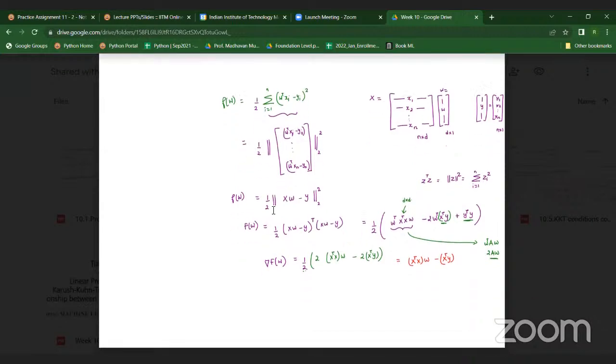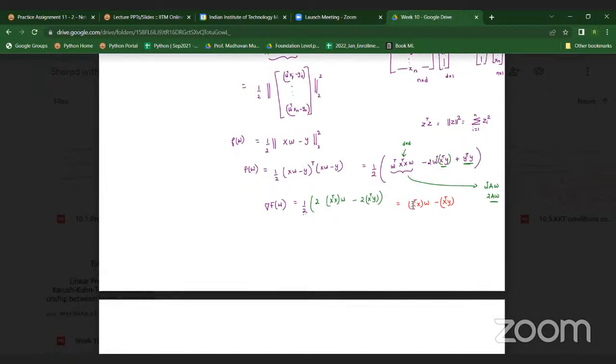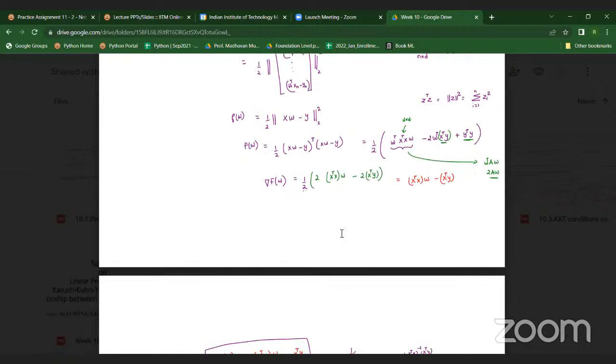Now if you take the gradient of it, you'll get x transpose xw minus x transpose y. For us to get the optimized value, when it is a convex function, when will you get the global minimum? That is when the gradient of f of w is 0.